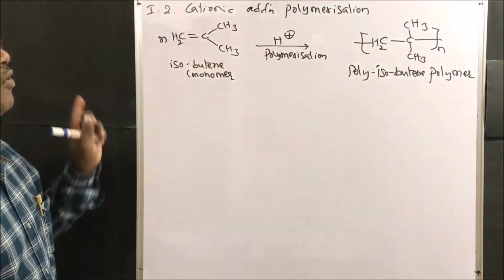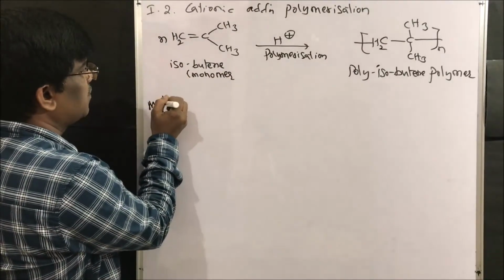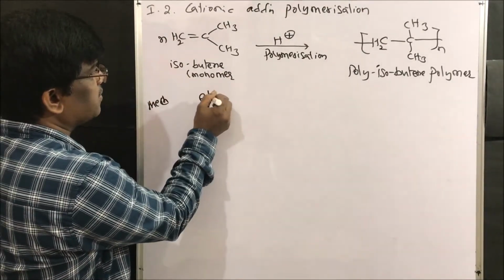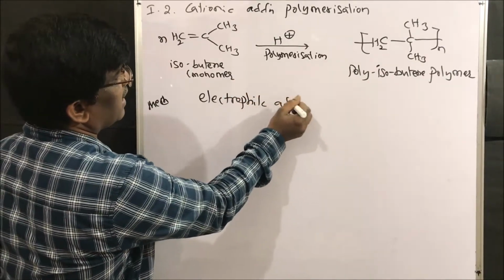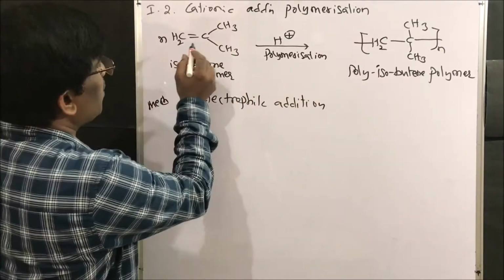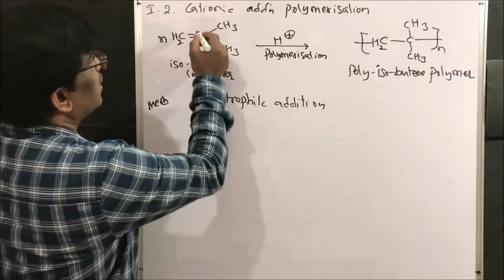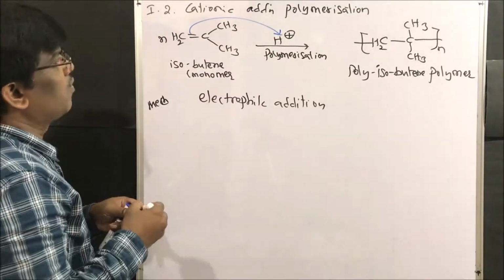It is very simple, friends, how it undergoes. Let us see the mechanism. So electrophilic addition takes place. Since it is cationic, what is going to happen? This is going to react with H plus. So what is the intermediate? What are we going to get?